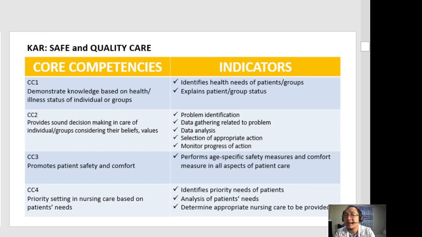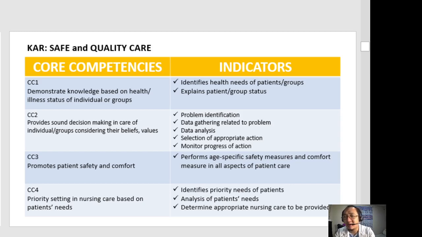Number 3, promotes patient safety and comfort. Okay, so you perform age-specific safety measures and comfort measures in all aspects of patient care. Of course that would be one of our top priorities, if not the priority: the safety and comfort of your patients.